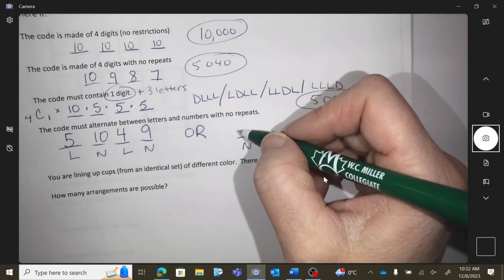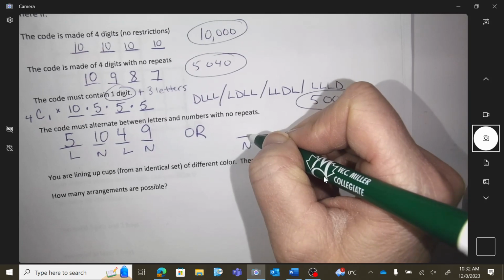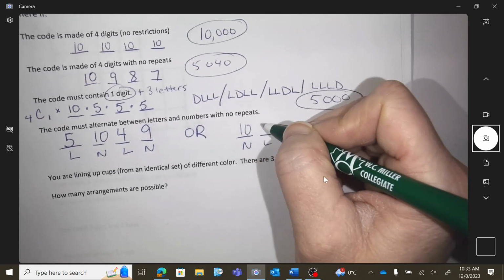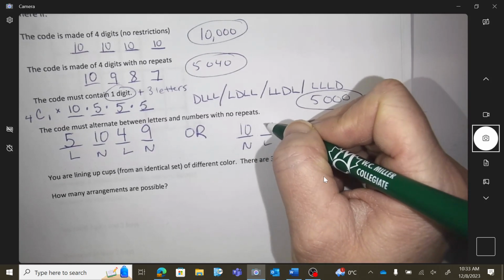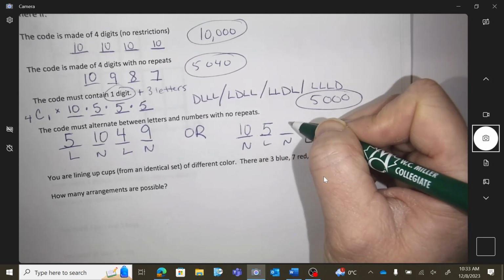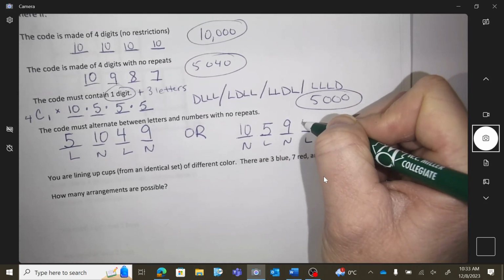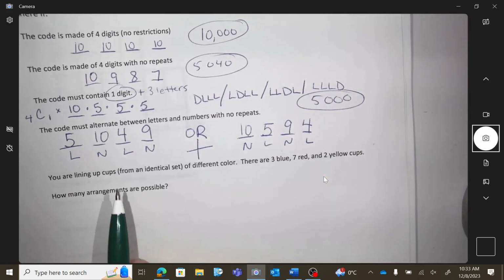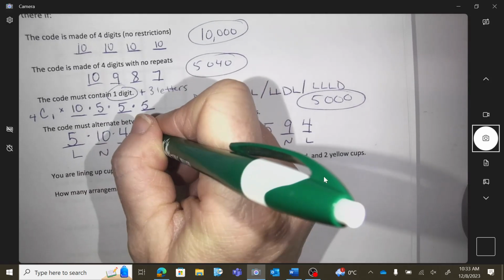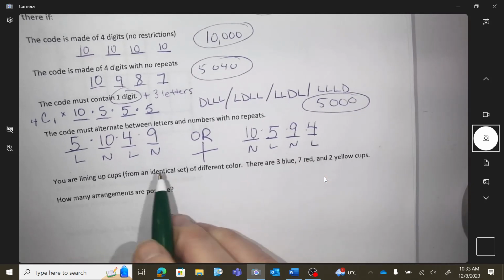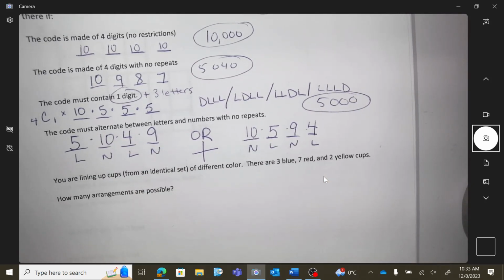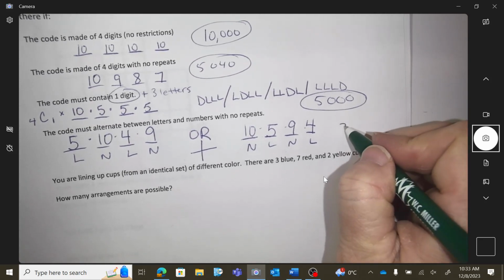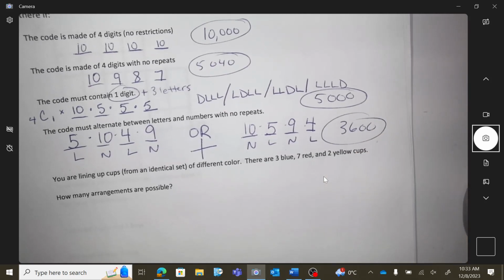Or, if I started with a number, there was 10, then start with a letter, that's 5, 9, and 4. So you would have to add those numbers because those are 2 different situations that could have happened.